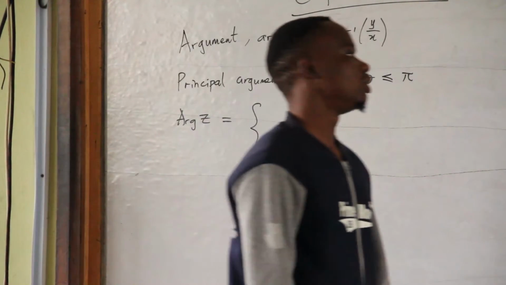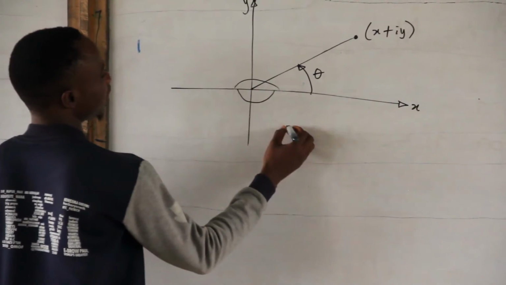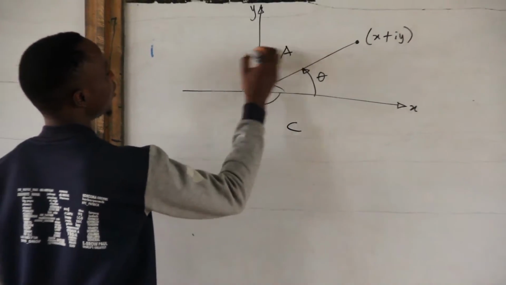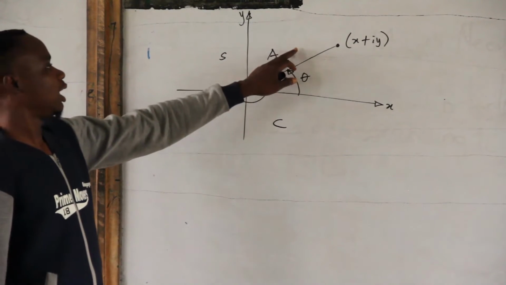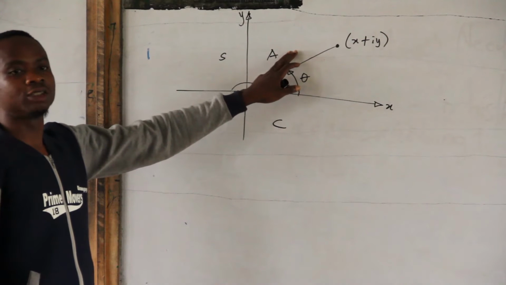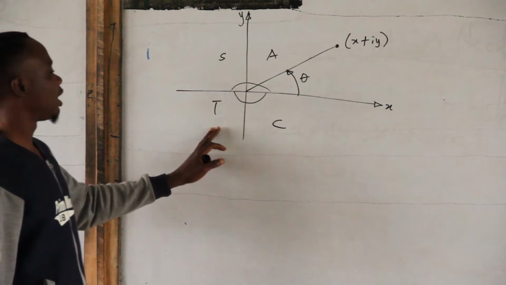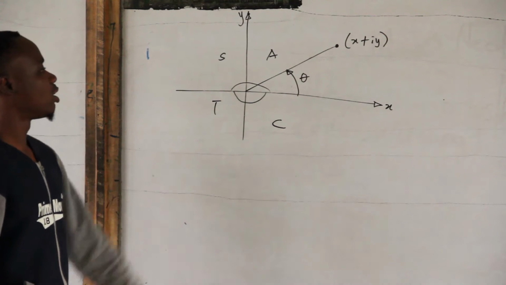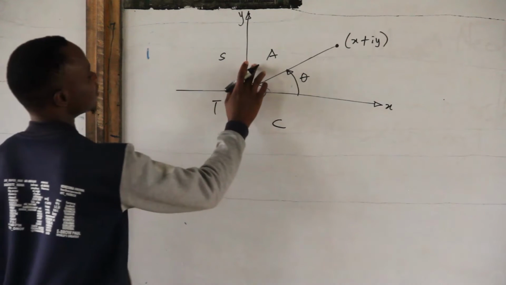Alright, so if you listen, you know that generally we are working with this plane. You can remember your quadrants of angles. In the first quadrant, all of the trigonometric ratios are positive. Here, only sine is positive. Here, tan is positive, and here, cos is positive. So if you are working in this plane, listen.